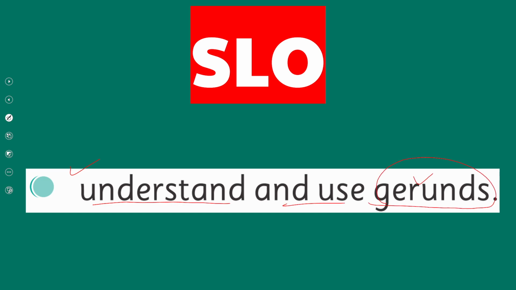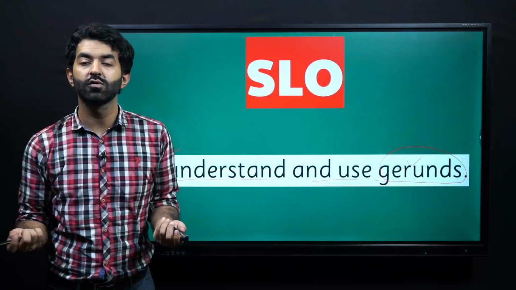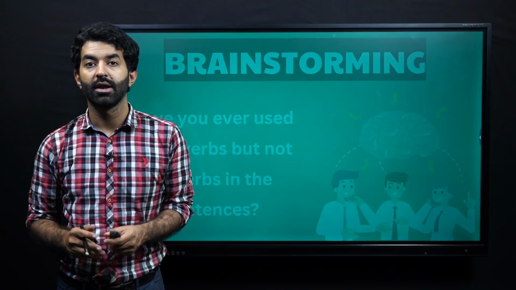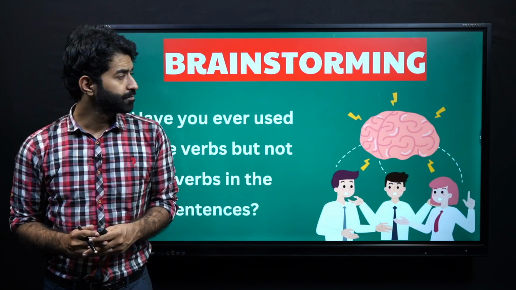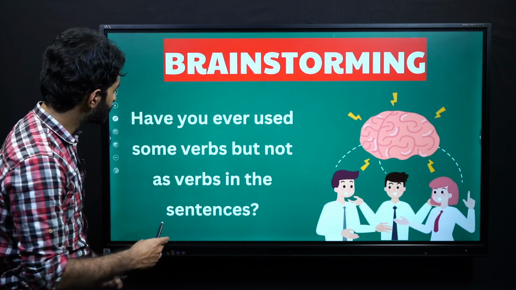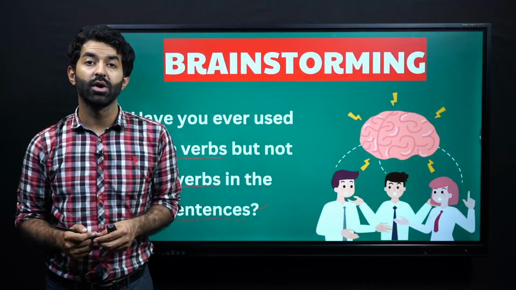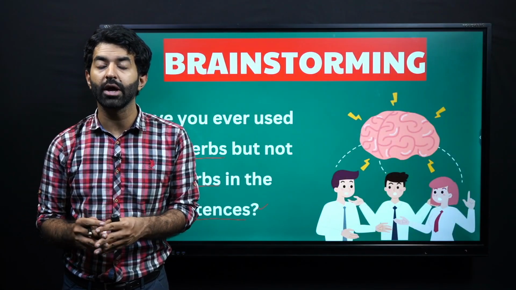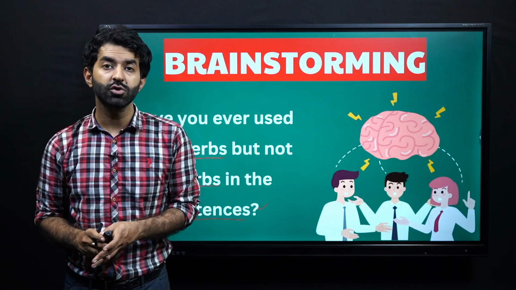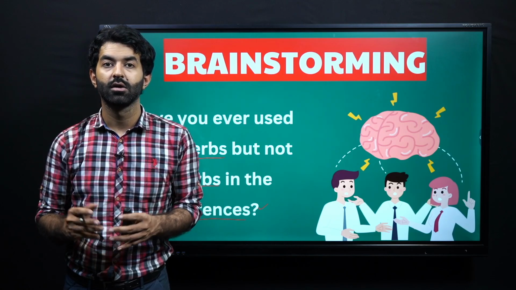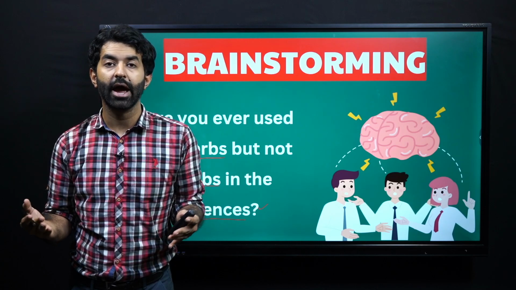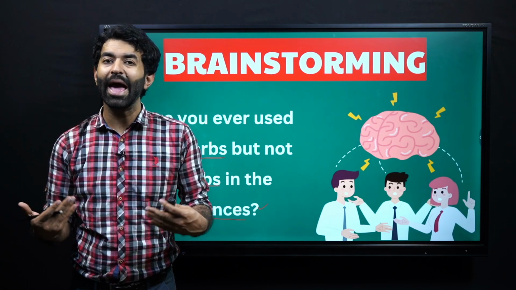So what are gerunds and how do we use them in the English language? Let's see. Now students, have you ever used some verbs but not as verbs in the sentences? This is our brainstorming prompt today to talk about and to think about. Now students, we know that nouns are names and verbs are words that show action.